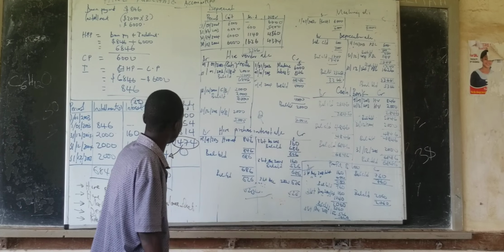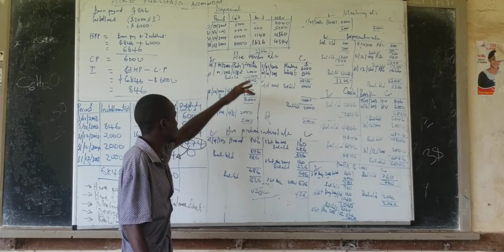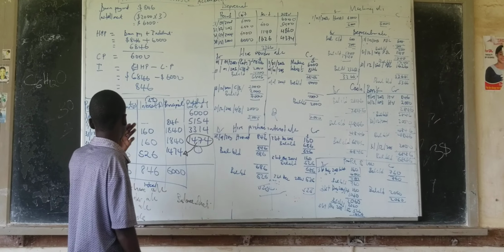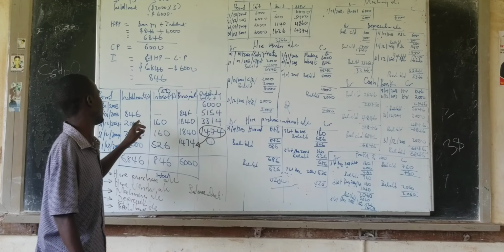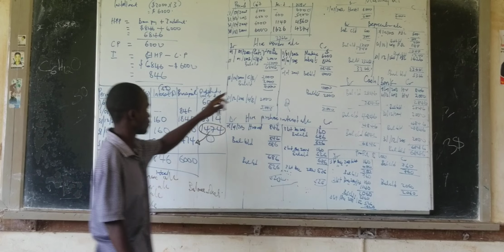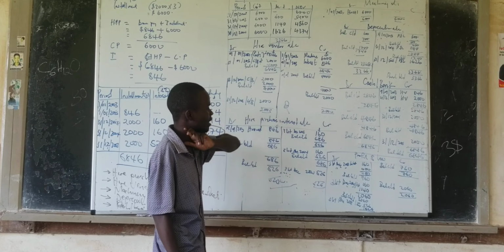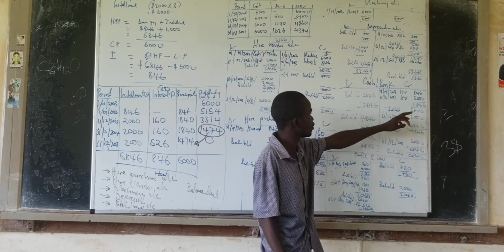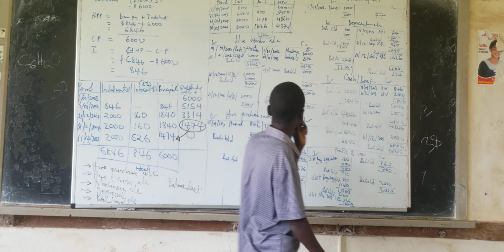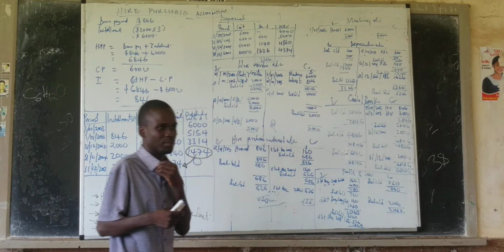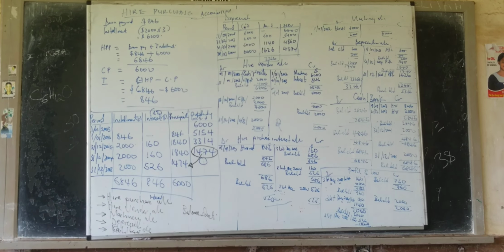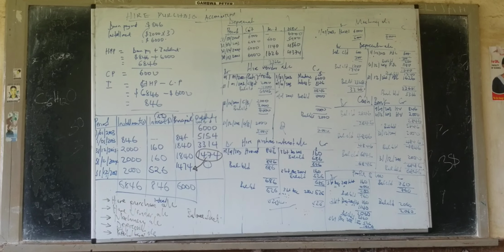Then on the same date, he received more money of 2,000. Are you seeing here? 31st December in the same year. More money of 2,000. So that's the 2,000, but you have to complete double entry here. Then remember, accounts must be prepared during the accounting period, most especially one year.